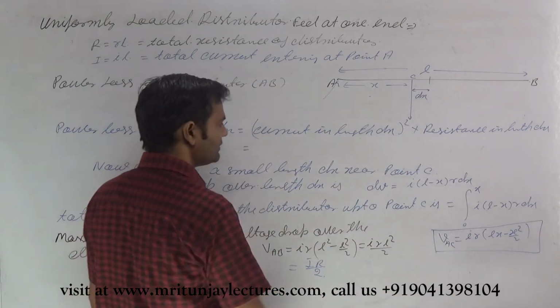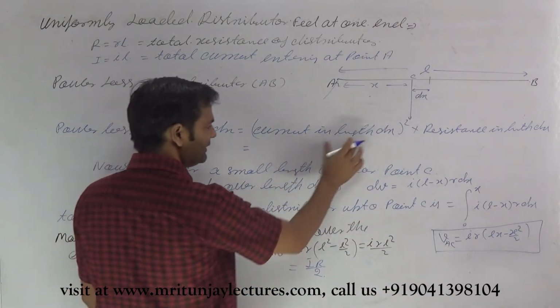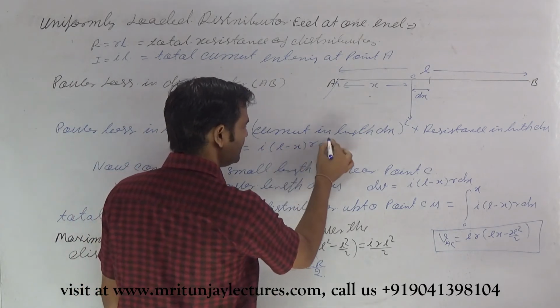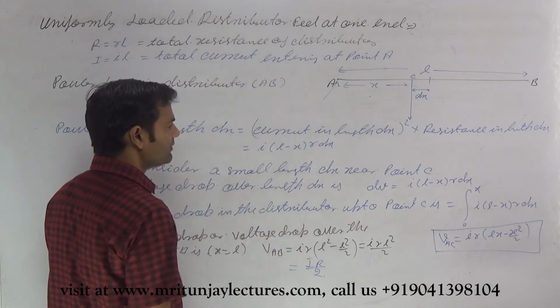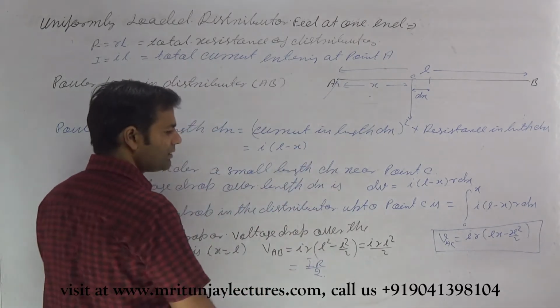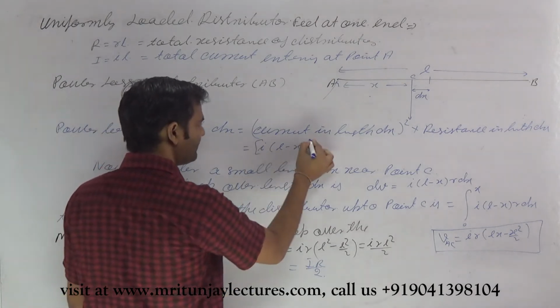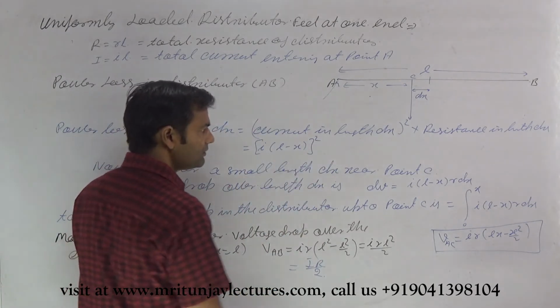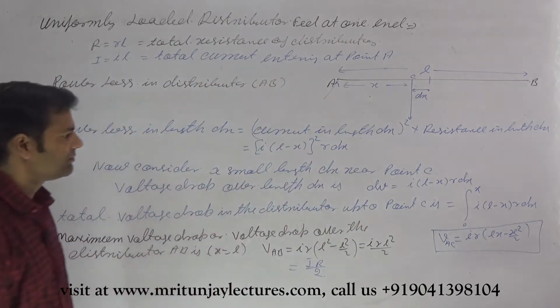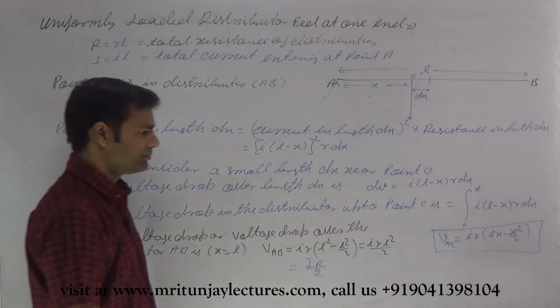I know that the current in dx length is I(L minus x), and the resistance is R dx. Simply multiply this.